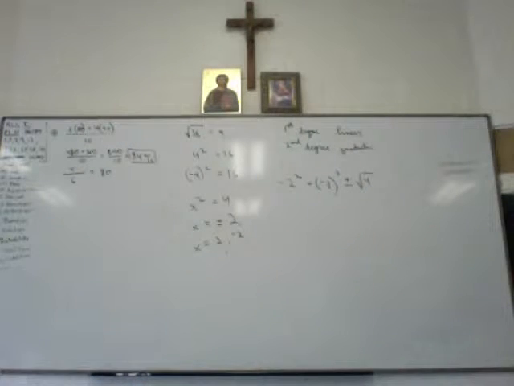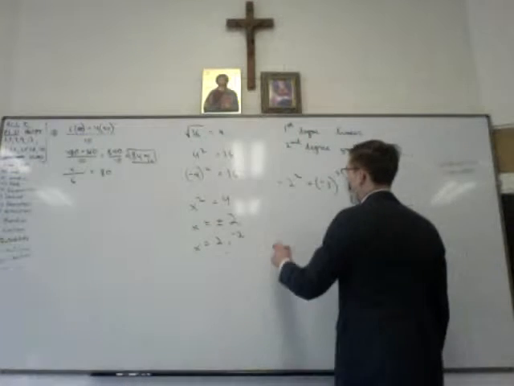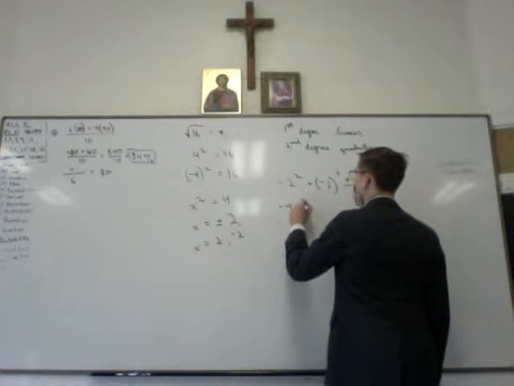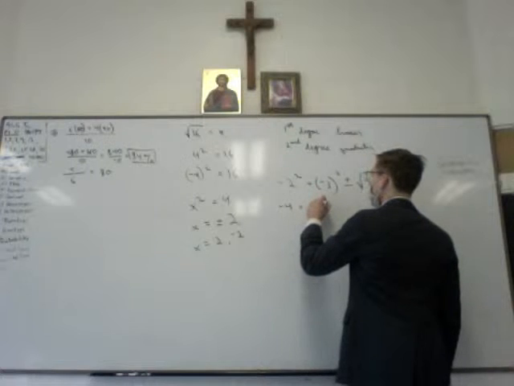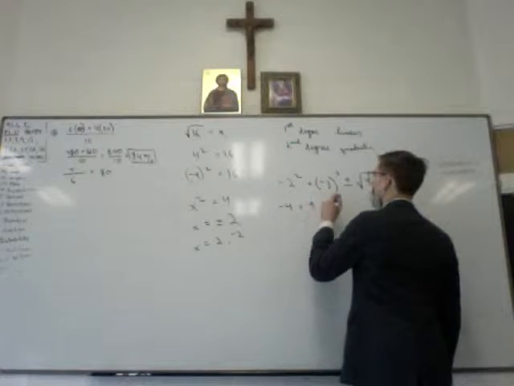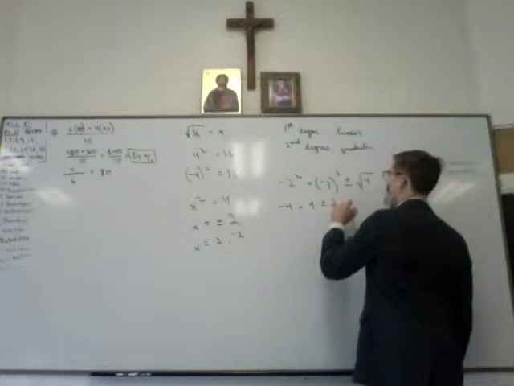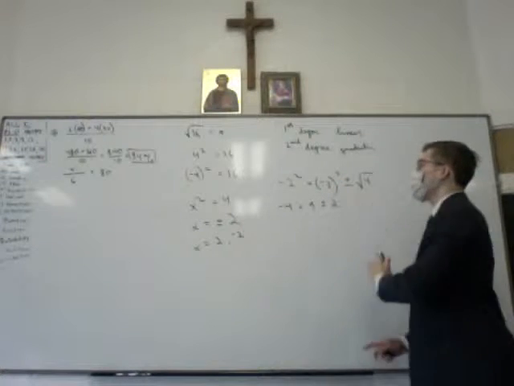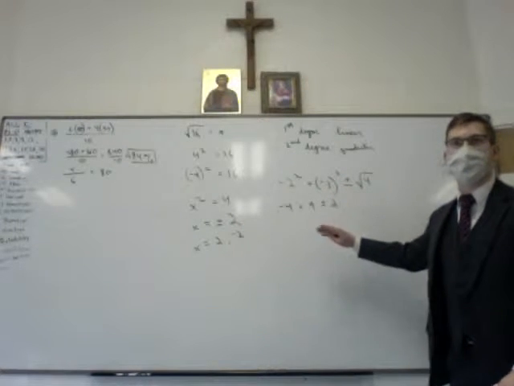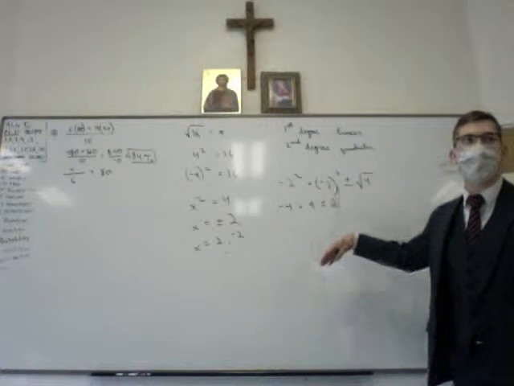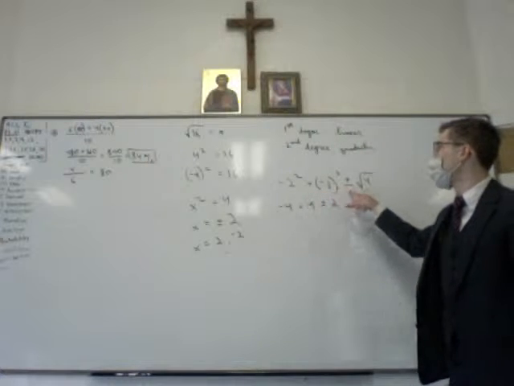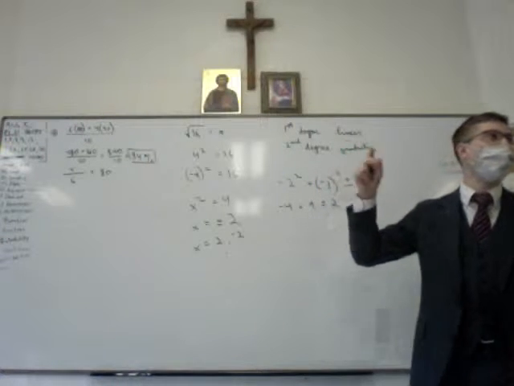So you'll get 4 plus 9, which is 13, wait, negative 4 plus 9, that's 5, plus or minus 2. You don't need to say 2 comma negative 2 because the plus or minus already means plus 2 or minus 2. So this equation, because of the plus or minus, is going to have two different solutions.